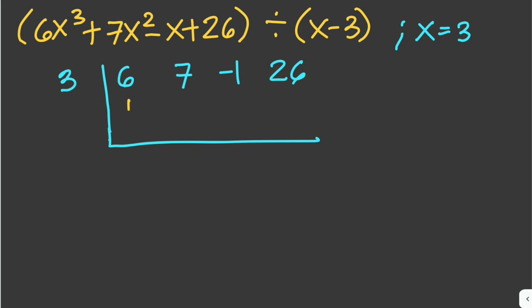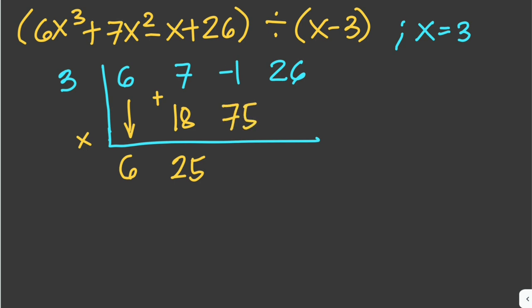First we bring down the first number, which is our first coefficient, 6, and then we multiply by 3. So 6 times 3 is 18, and then 7 plus 18 is 25, and 25 times 3 is 75.